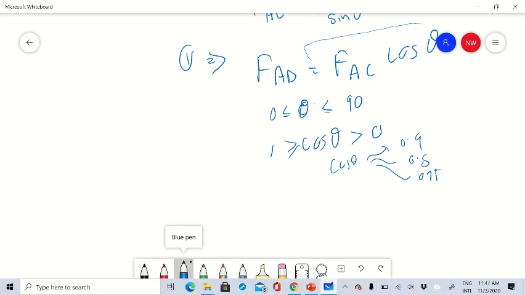So in general, FAB is less than FAC, which means the FAC force is always greater than the FAB force, right? Do you understand that part?